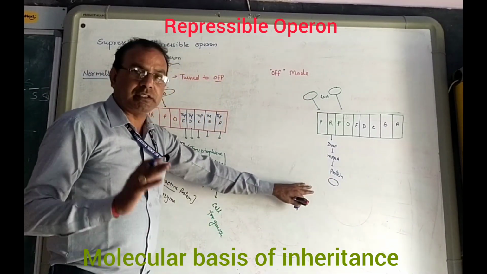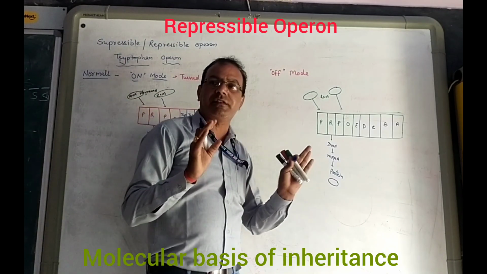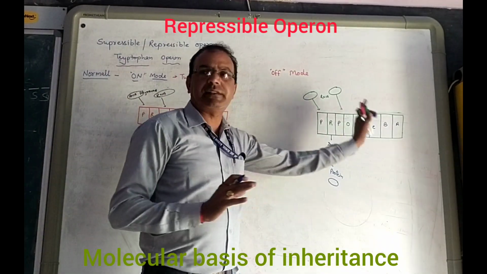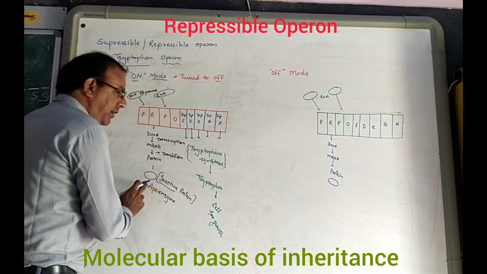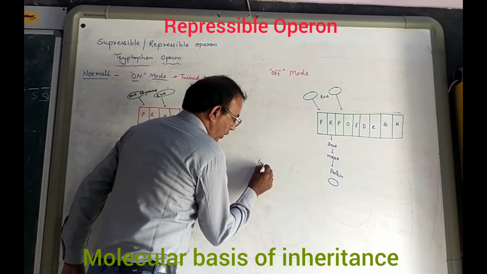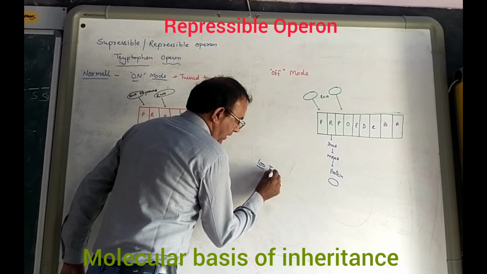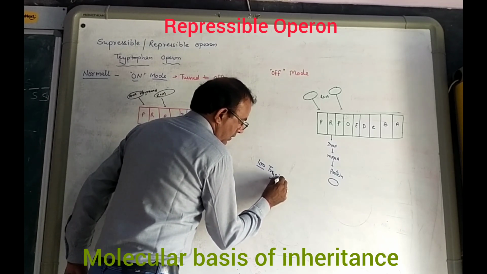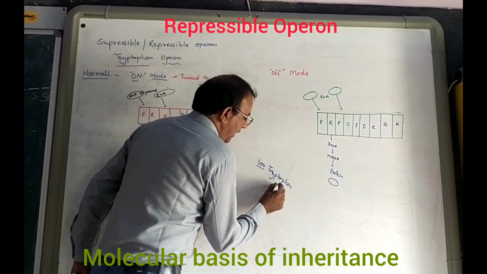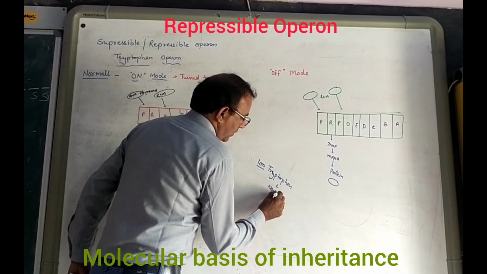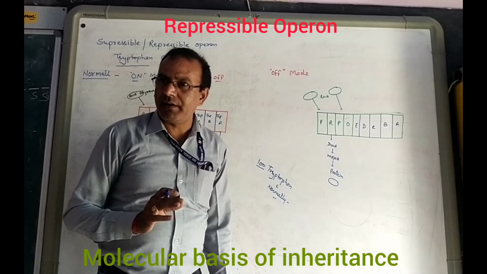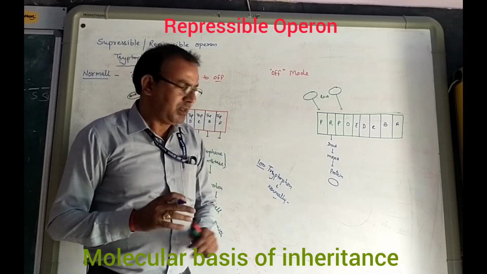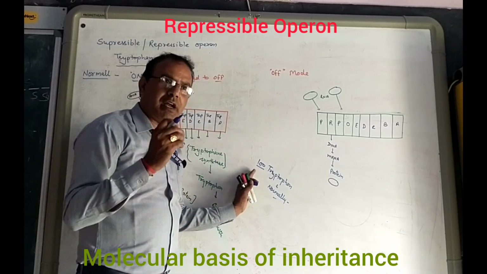It means the synthesis of tryptophan is just what is required by the cell; the amount remains the same. Suppose there are 100 molecules of tryptophan required by the cell in normal condition. The cell requires 100 molecules of tryptophan, and the production is also 100.